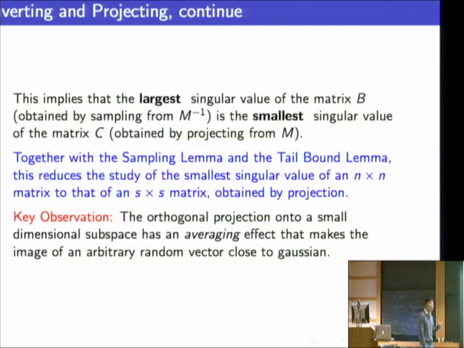You take the projection of a Bernoulli vector onto a subspace of small dimension in a sort of general position, then the image will become Gaussian. That's what I want to say. And that is the core. That's why we take S small, and that works.